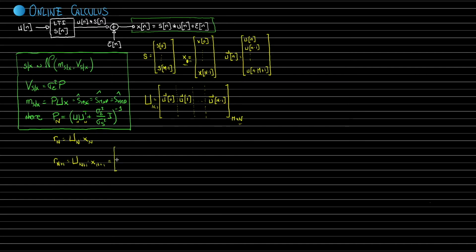the matrix with columns u of 0 up to u of n, and u of n plus 1, times x n plus 1, which is the vector containing x0 up to xn, xn plus 1.